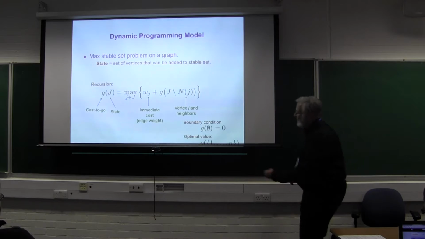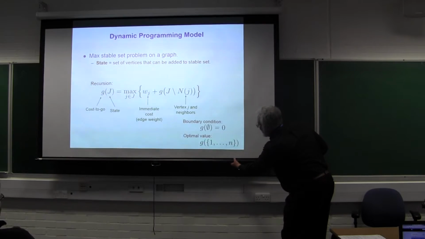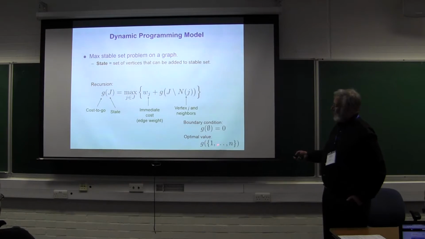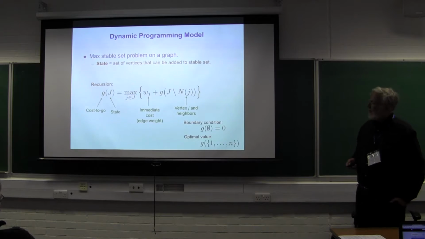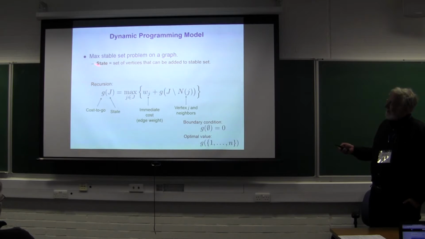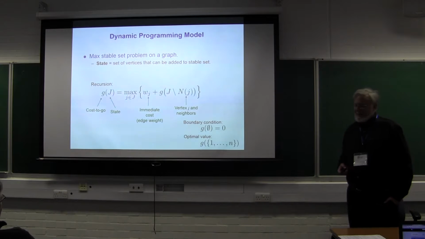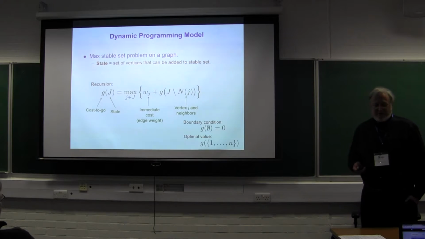And there's a boundary condition and optimal value. You start with all the vertices. So that's a dynamic programming formulation. Once you get accustomed to this type of thinking, it becomes quite satisfying to think in terms of recursive structure.